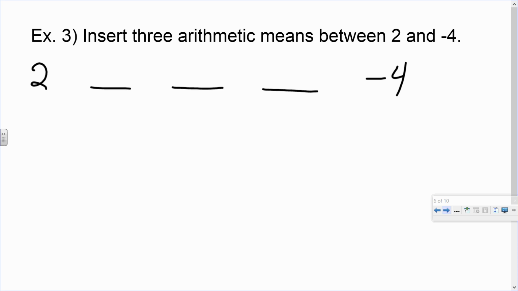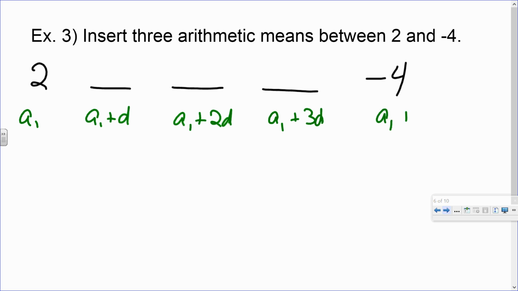So I need to figure out a formula for -4, and there are 2 ways that you can get there, and they're pretty much equally easy. I could say that this one is A1, so this one is A1 plus D, so this one is A1 plus another D, and this one is A1 plus yet another D. Oh, so this one is A1 plus 4D, so I can work with -4 is A1 plus 4D.